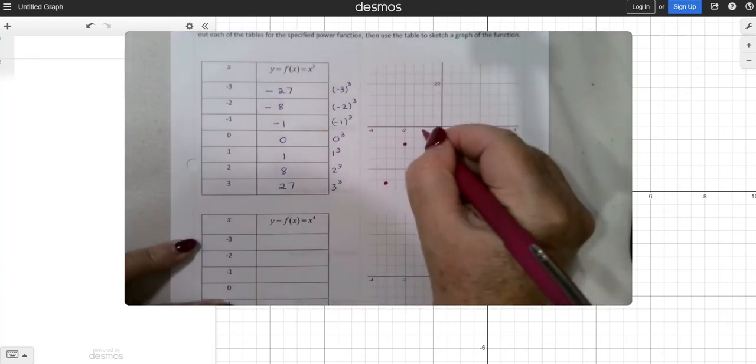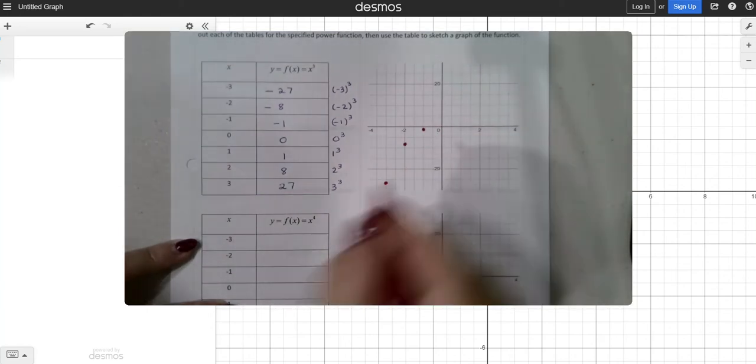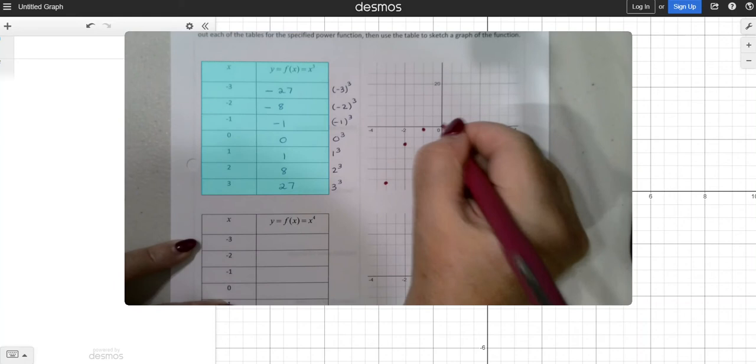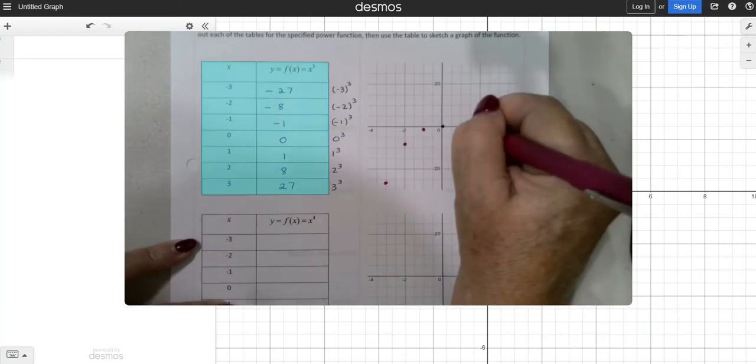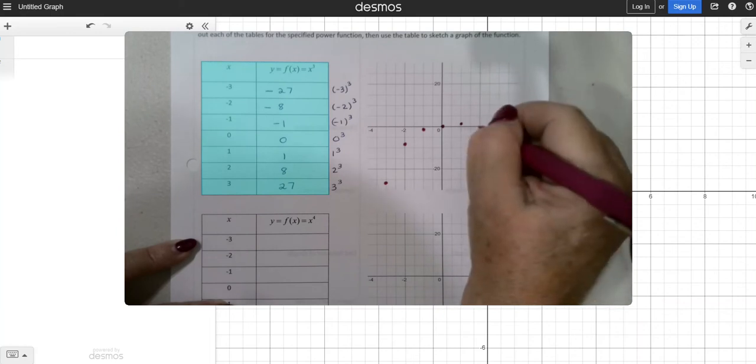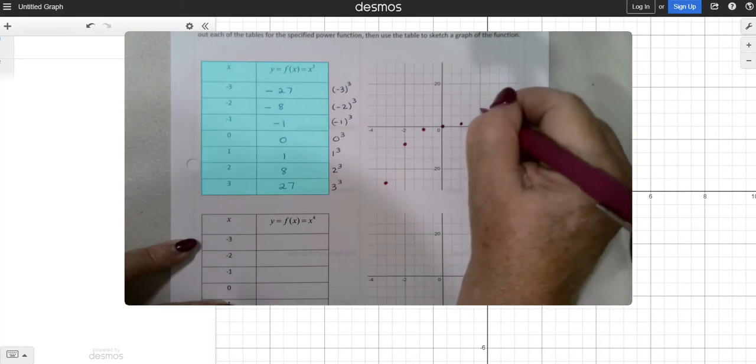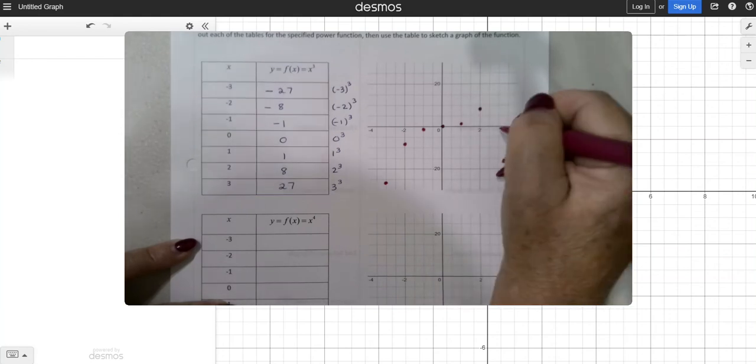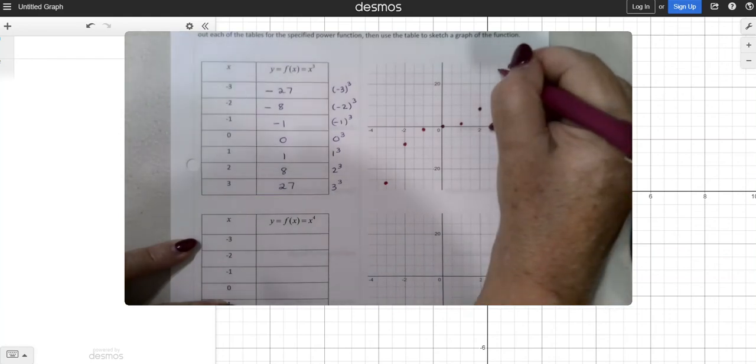Negative 1, negative 1. 0, 0. 1, 1. 2, 8. And 3, 27.